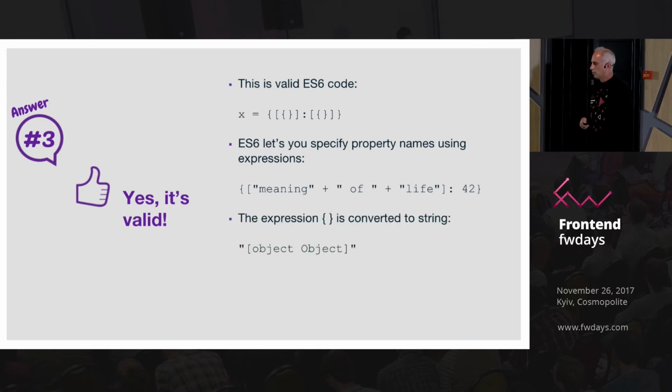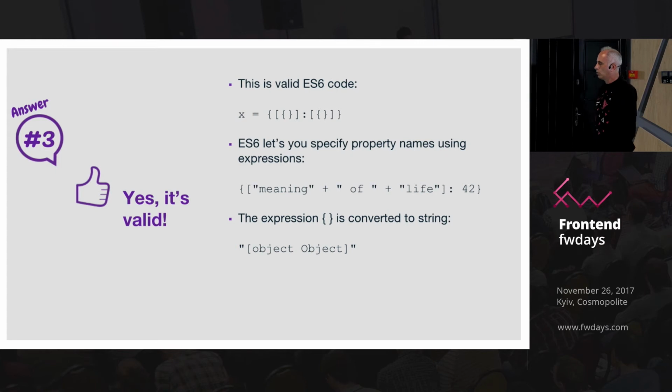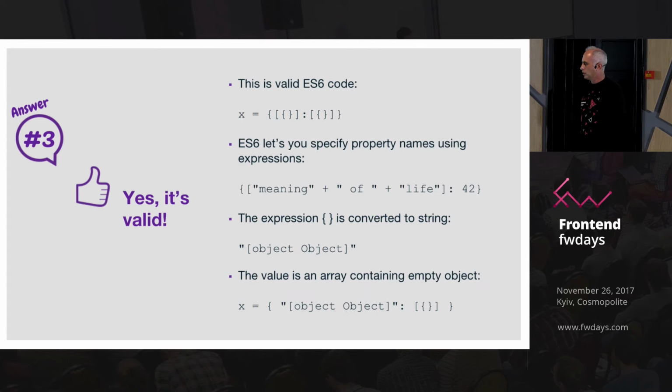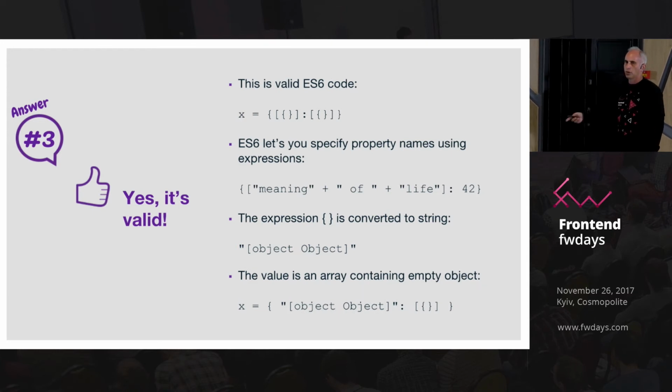But the expression is an empty object. As we know in JavaScript, everything can be translated into a string, and the empty object will be translated into the string object. And as was said, on the right-hand side, we simply have an array with an empty object in it. So basically, this is equivalent to creating the following object.